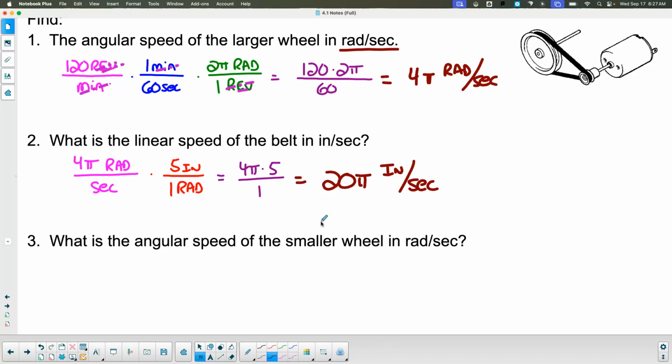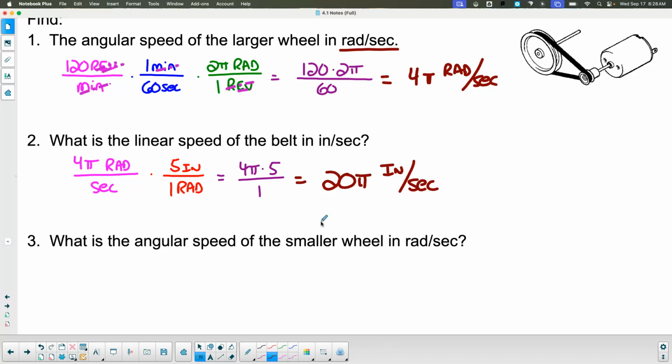So now we can go to the little wheel, because the little wheel is also spinning around at 20 pi inches per second. Because this belt doesn't speed up on this side and slow down on this side. That belt is one belt. It's traveling at the same speed all over.